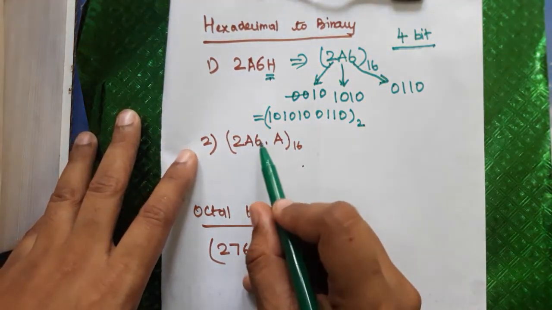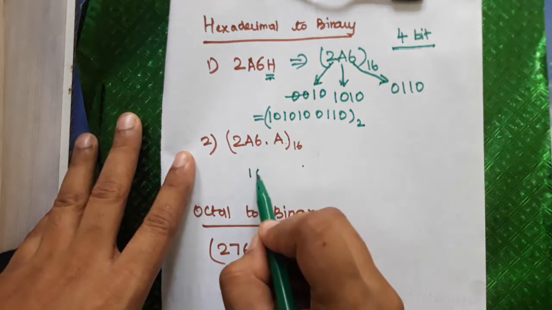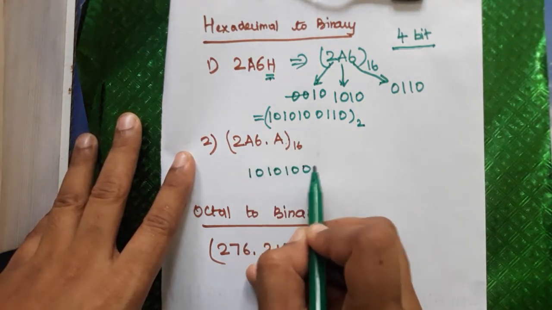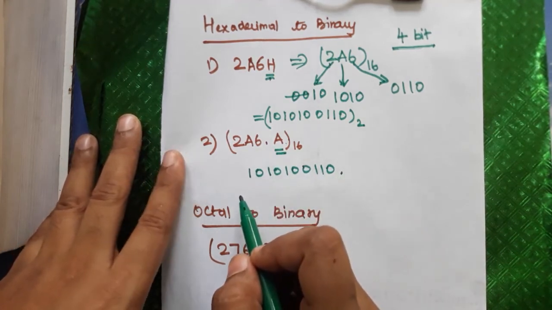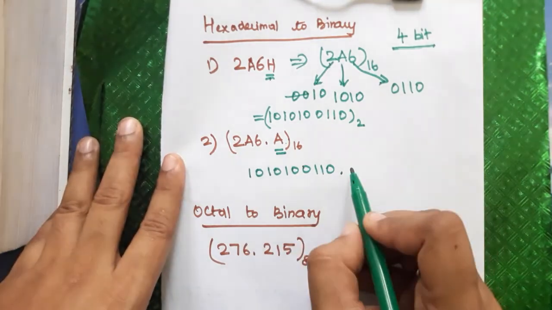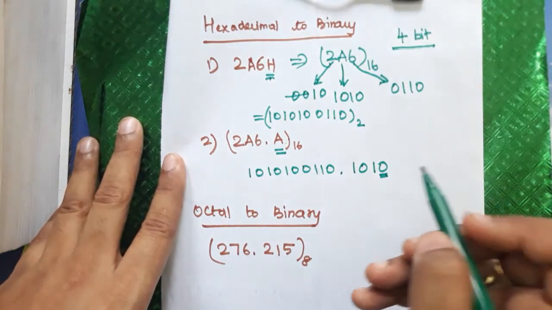Let's take another example, 2A6.A. We just did 2A6, so I can write it as such, dot A. A is nothing but 10 in decimal, so I can write it in binary 4 bits as 1010. This 0 has to be mentioned.